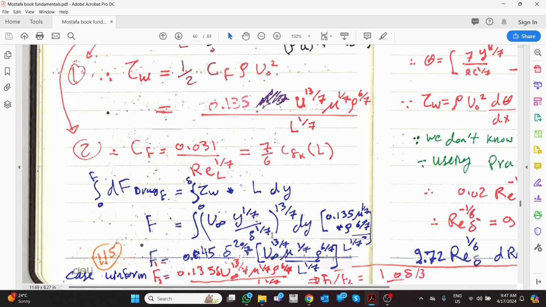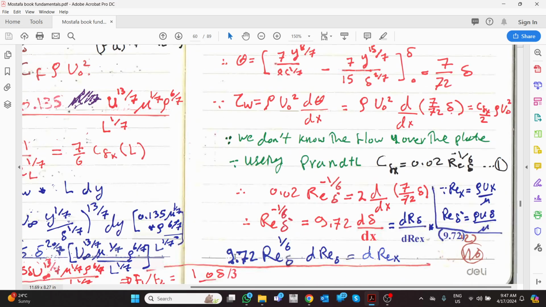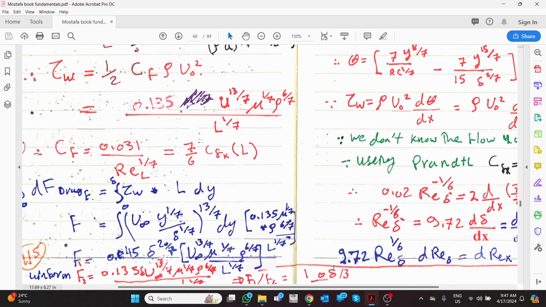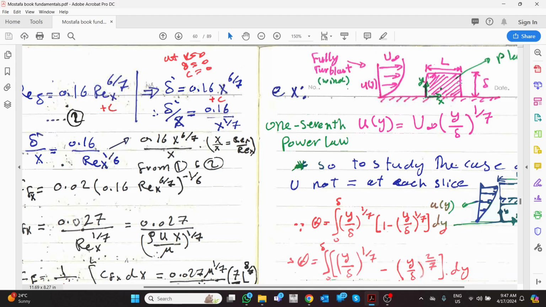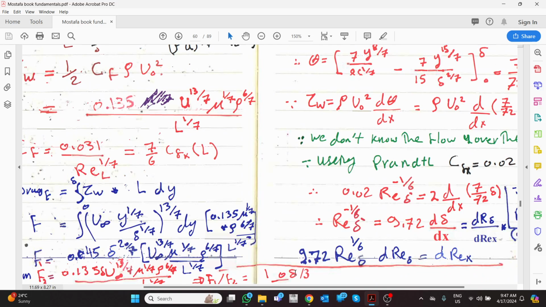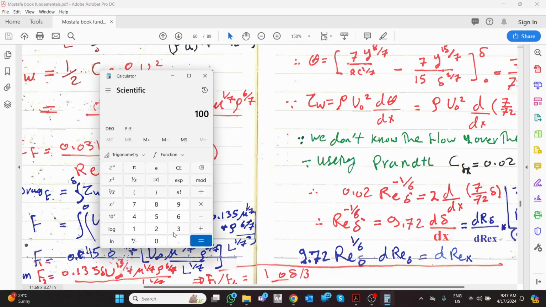If you divide the two equations, you will find that the actual force divided by the force if we assume it is uniform, will be 10 multiplied by delta over 3, which means, for example, if I have a building height here of 10 meter, and I do the CFD simulation, it will be 100 divided by 3, it is almost 33.